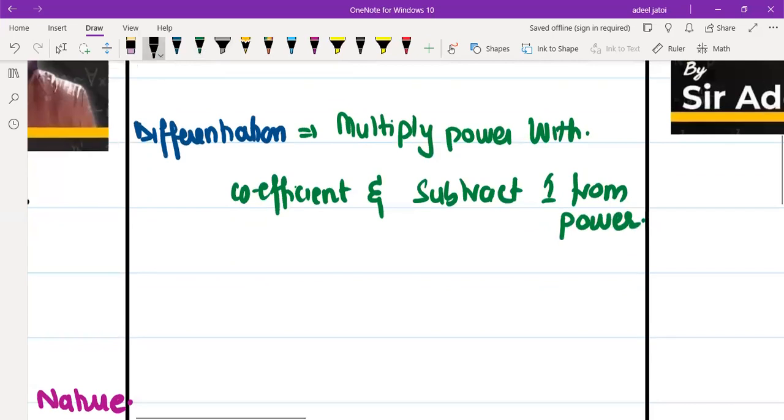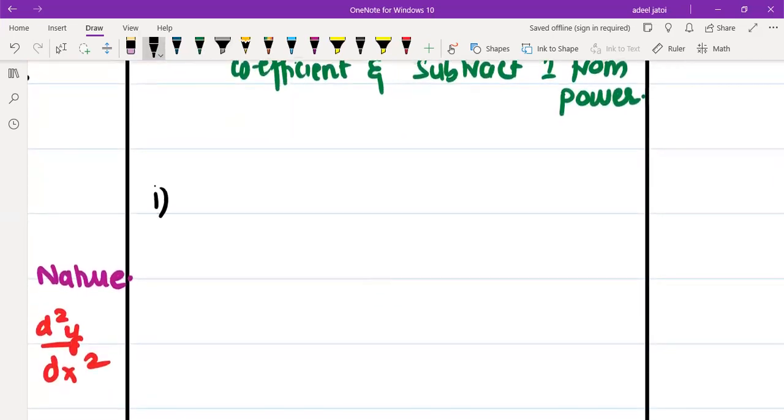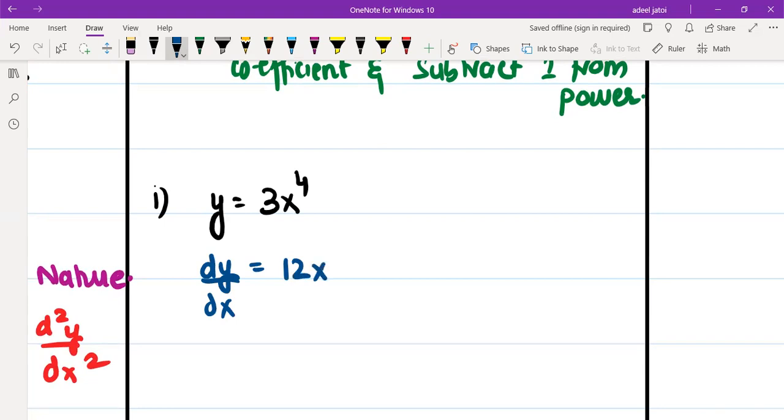So that means if we have y as 3x to the power 4, dy upon dx was 4 multiplied by 3, we get 12.